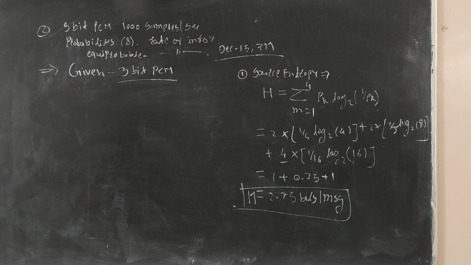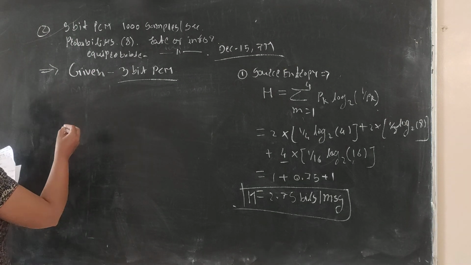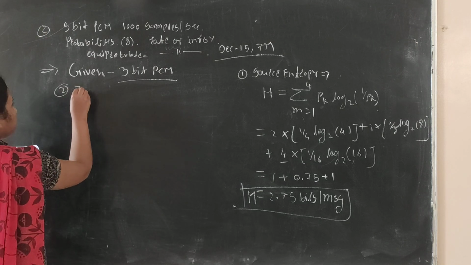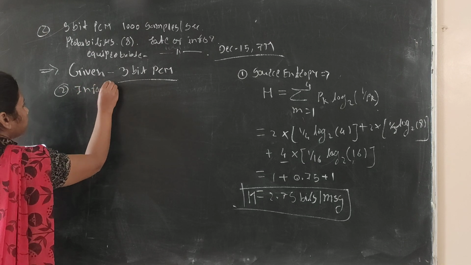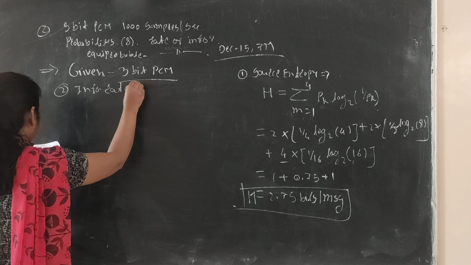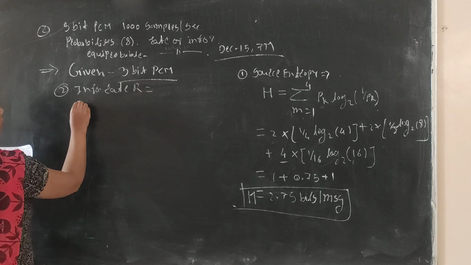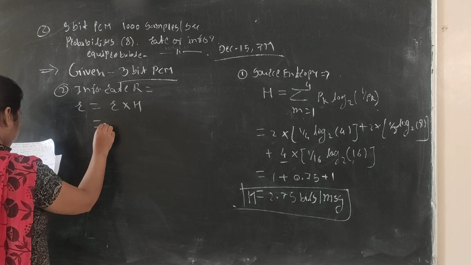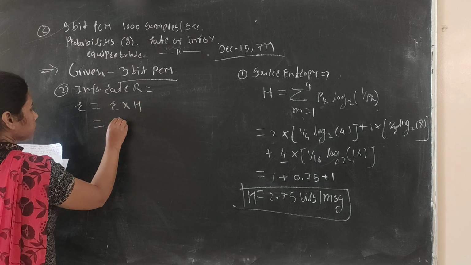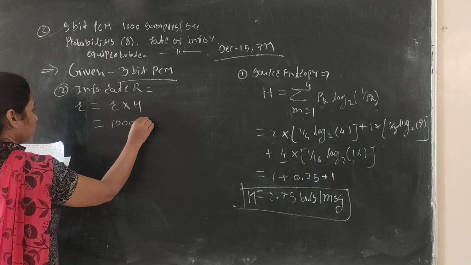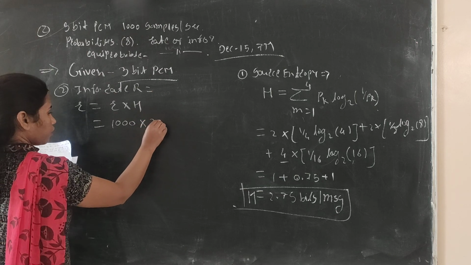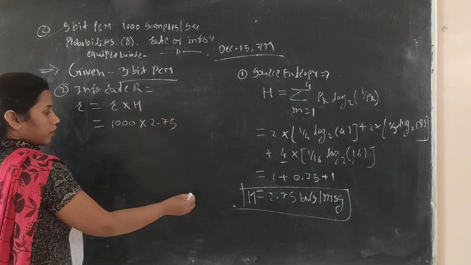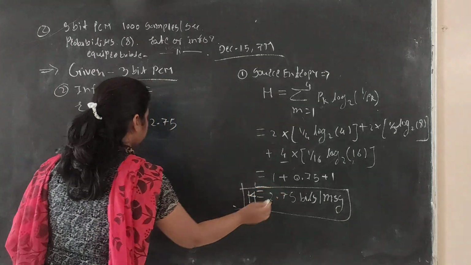Now the second one, we have to find the information rate R. R is equal to r into H, so r is 1000 samples per second and H is 2.75, as we have taken the value of H from this.